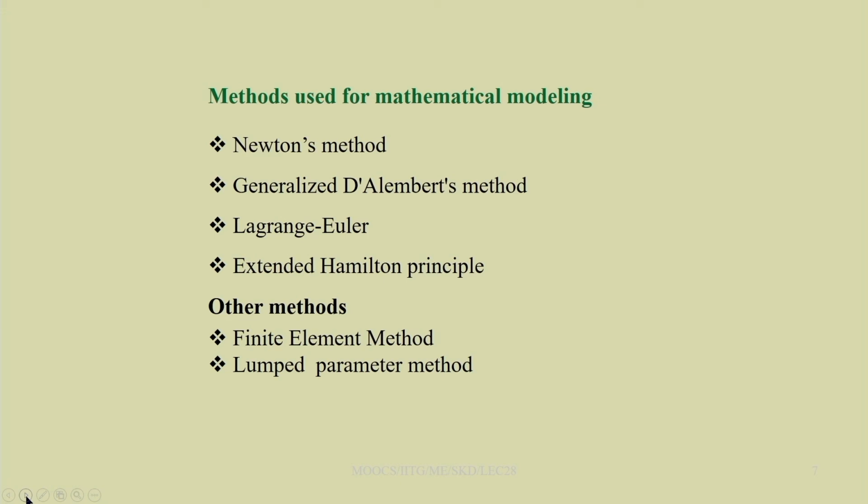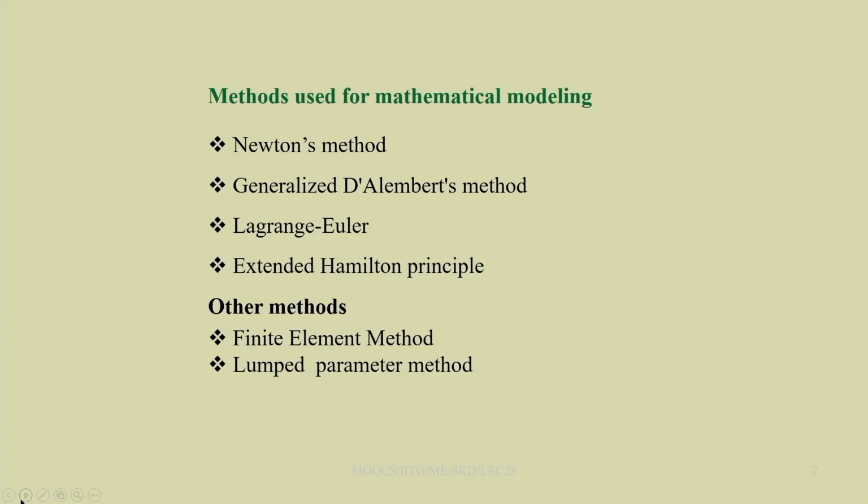All these methods can be employed to derive the equation of motion depending on the complexity of the problem, so you have to choose which method to use. Particularly, Newton's method is useful for systems with fewer degrees of freedom, and for continuous systems generally Hamilton principle or extended Hamilton principle can be used, and for multi degree of freedom systems the Lagrange principle will be used.